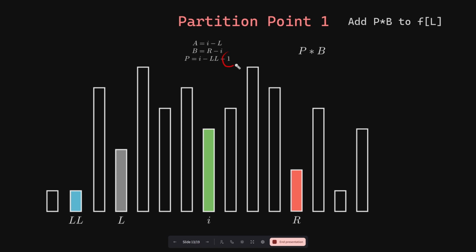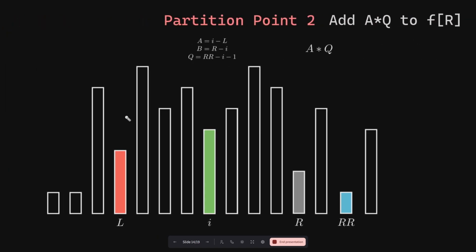Why is this minus 1 appearing over here? Because one element is missing from the array, that is the element at index L. So now this is the number of choices for the left endpoint and the right endpoint remains the same. So if you call this expression P, you can say that there will be P into B subarrays in which this green bar would be the minimum. So we will add P into B into A of I to the F value of this.